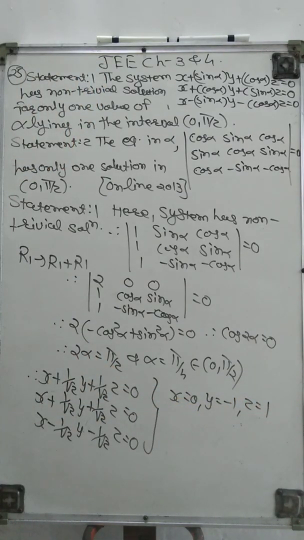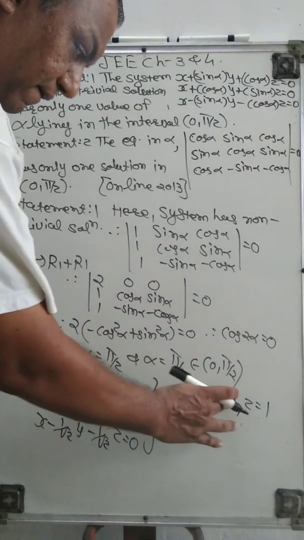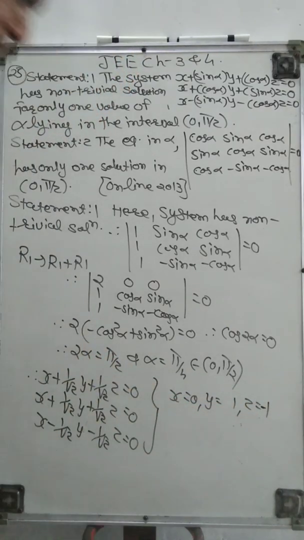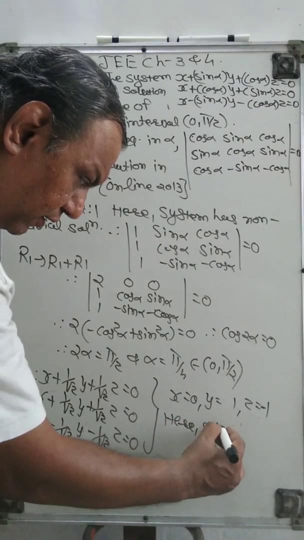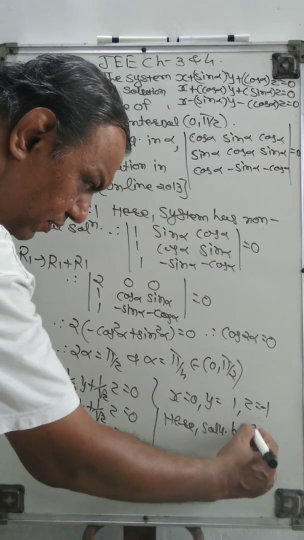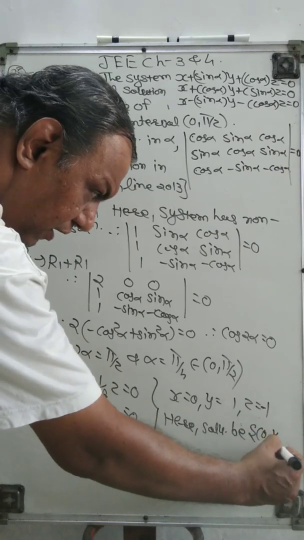This type of solution can be obtained, so the solution is of the type 0, k, minus k.